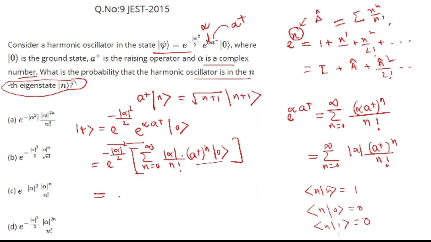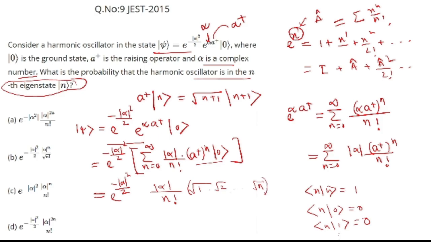So if you want to break it, then it will be e to the power minus mod alpha squared divided by 2, and then mod alpha divided by n factorial, and here we get root under 1, root under 2 and so on up to root under n.